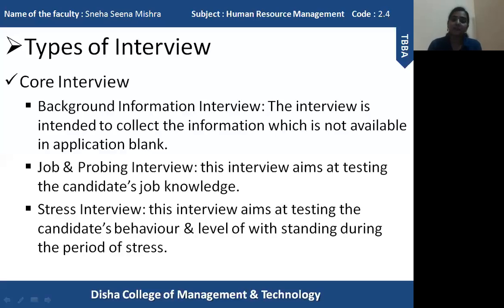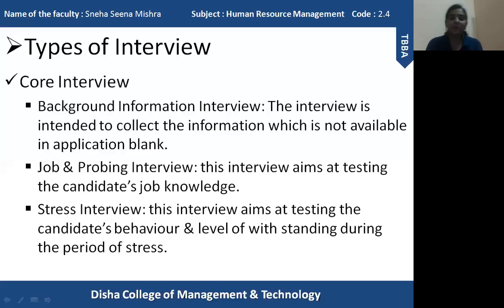The candidates explain how to do a job, what are their strong areas, what are their weak areas, in which area they are lagging behind, what are the capabilities, and the level of capability the person has which is necessary for doing the job.